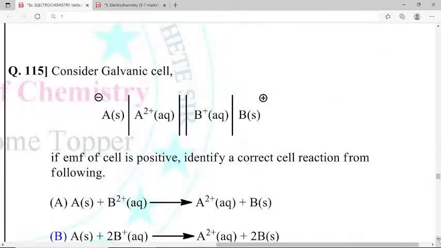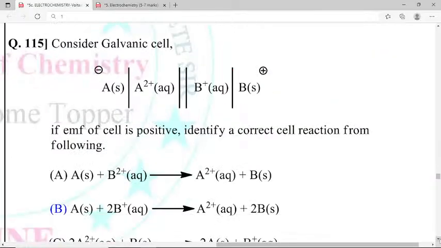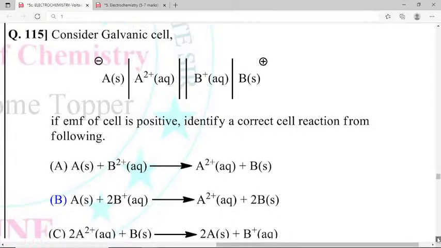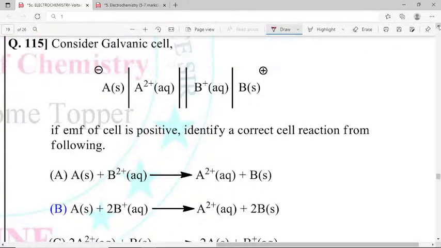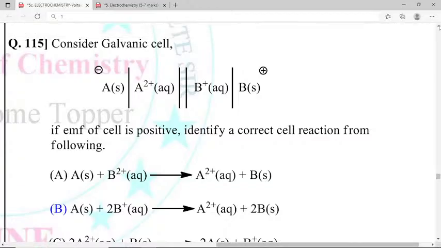Consider the galvanic cell whose EMF is positive. Identify the correct cell reaction from the following. See what question is given to you. So this should be the anode and this should be the cathode. Here oxidation takes place and here reduction takes place.